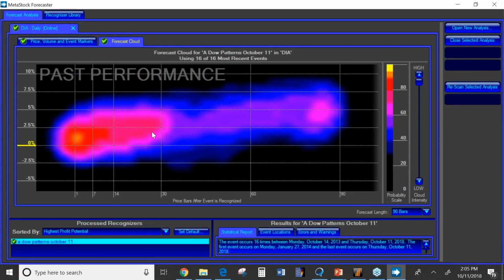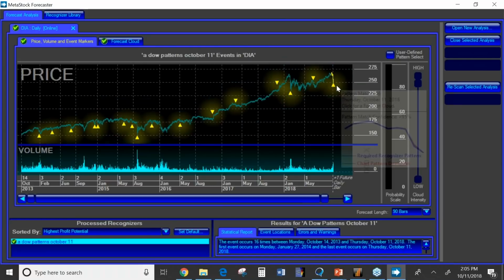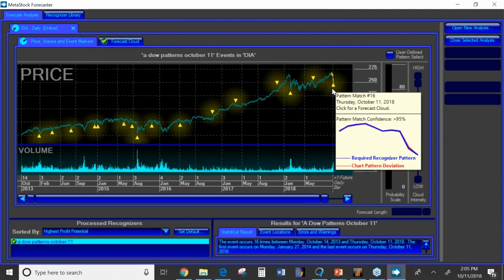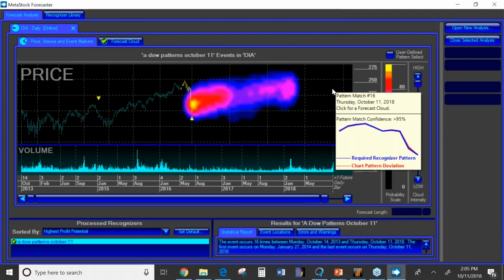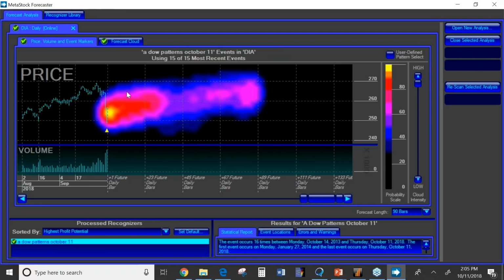So about 60 to 70% of the time, maybe, it has a bit of an upward bias, but it doesn't move a whole lot after that particular event happens. I can also plot that on the chart and see exactly what we're looking for. Now this is drawn on the chart, and I can see what my expectancy looks like after today.